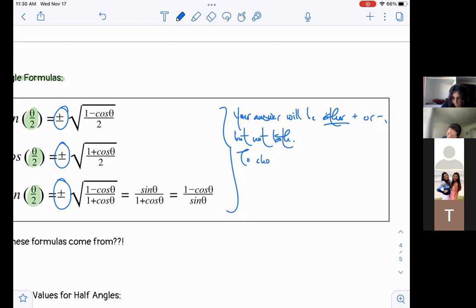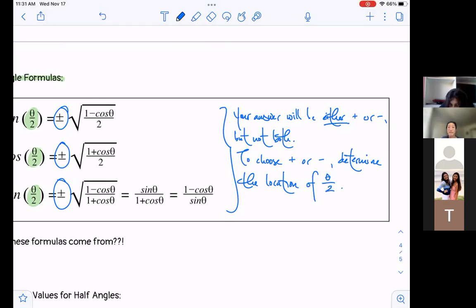To choose plus or minus, determine the location of theta over 2.